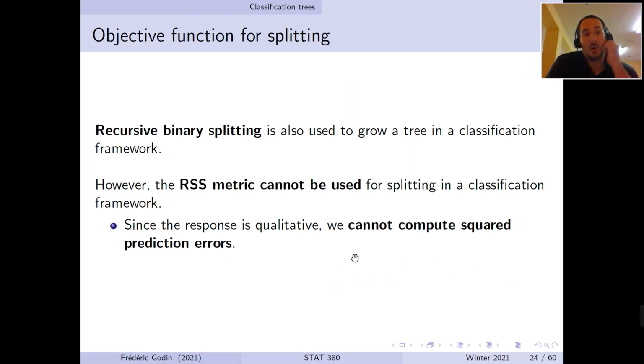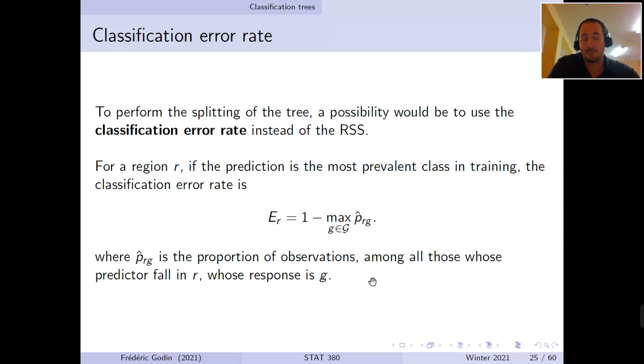As we mentioned, the recursive binary splitting can also be used for classification trees, but the sum of squared errors cannot be used as an objective function to be optimized when we make the split. We need to come up with something else.